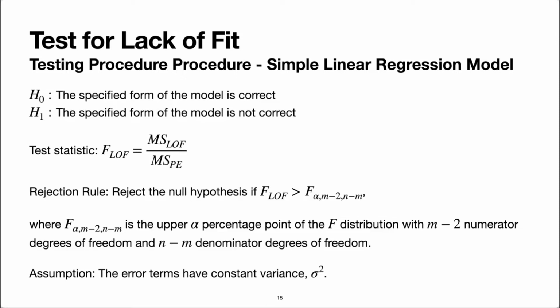And so if there's evidence, for example, in looking at the residual plots, that the variance depends on the value of the explanatory variables in some way, that the variance is not constant, then this procedure is really not going to be applicable, because this formal test for lack of fit is based on the assumption that the error terms have constant variance.